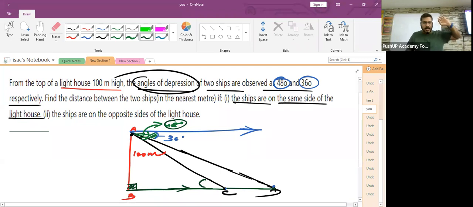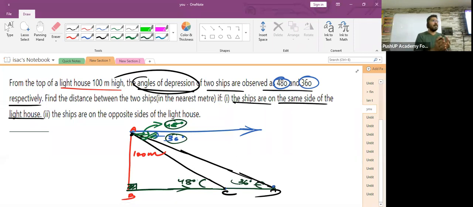So if this angle is equal to 48, the alternate interior angle C will also be equal to 48. If this angle is equal to 36, the alternate interior angle will also be 36 degrees. Conceptually it is correct. C is closer to the lighthouse, more is the angle of depression. D is far from the lighthouse, lesser is the angle of depression.